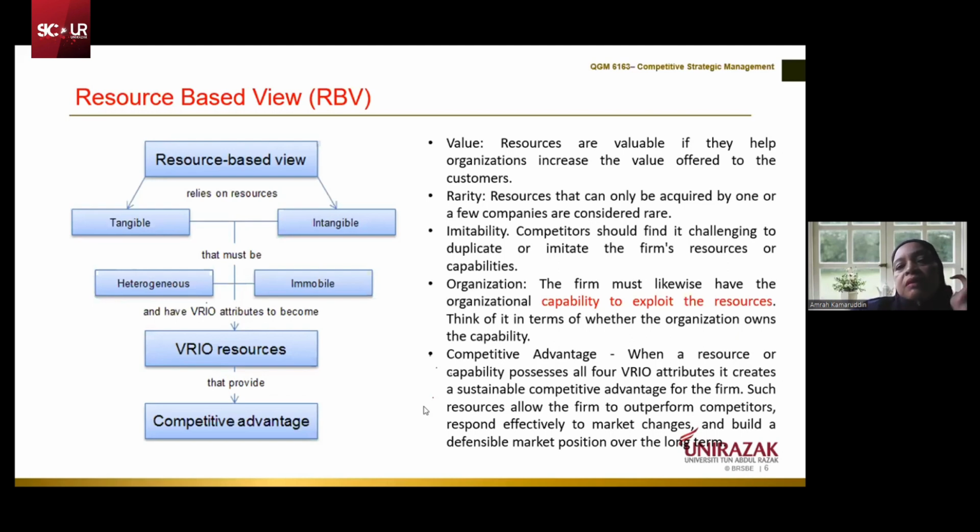Yeah, so that is actually the second one, the second VRIO element: imitate, susah nak copy. Yeah, competitors should find it challenging to duplicate. Sama juga macam tadi, they have the value, they have the rareness, and definitely it's not easy to imitate. How can you imitate something which is, you don't know the actual formula itself?